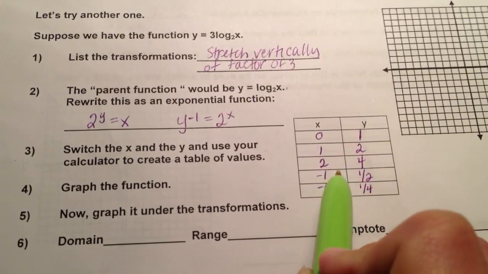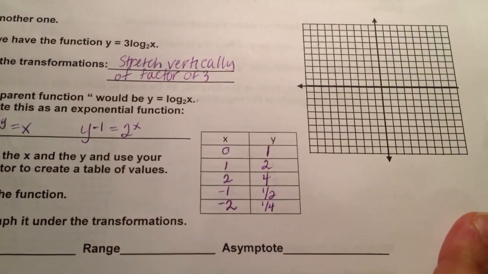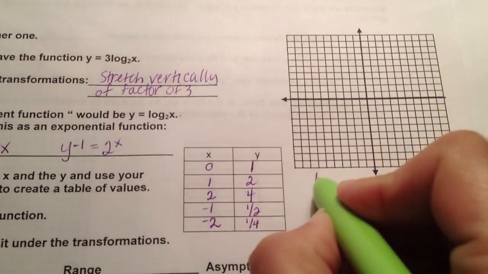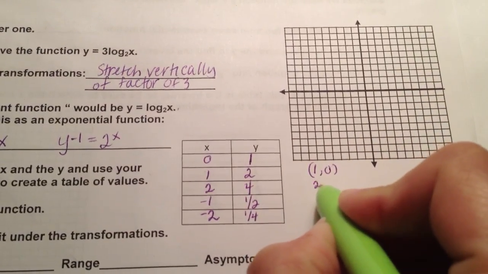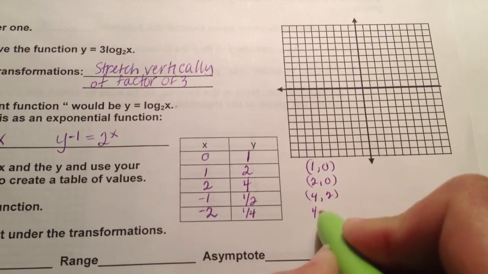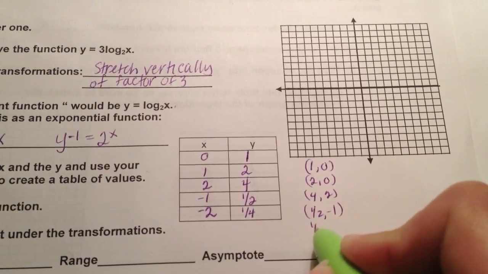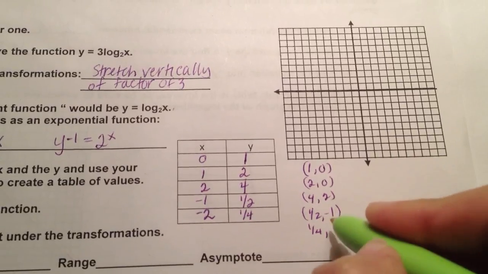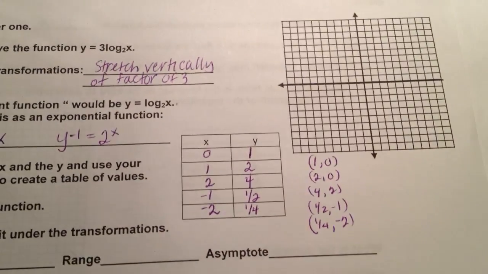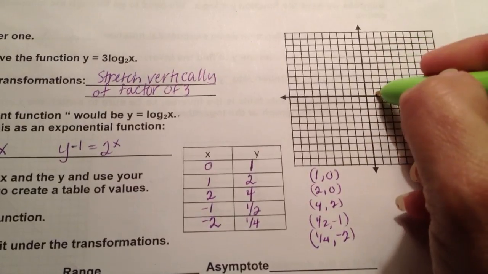Now remember, this is the inverse function, so I'm not going to graph this, but I'm going to exchange my x for my y and write those points down and graph those instead. Okay, so I'm going to graph those points 1, 0.